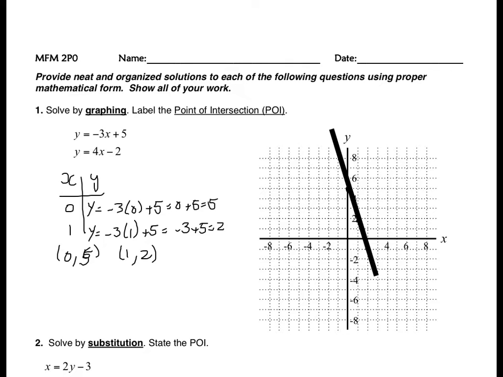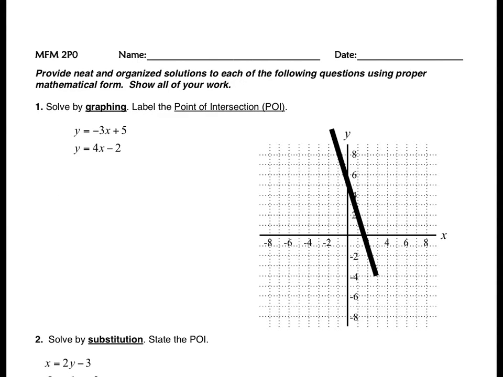Now I'm going to use the second equation and find the table of values corresponding to, again, the same 2 points, 0 and 1, and then finding the y values and then drawing the line. For the second line, again, I'm going to have a table of values x and y, and the points that I'm going to use are 0 and 1.